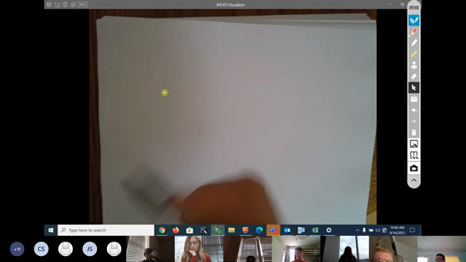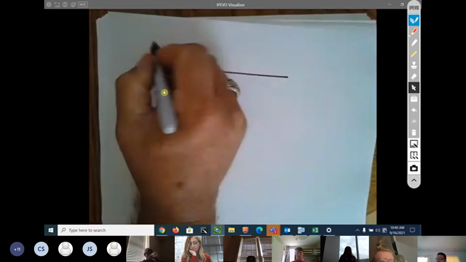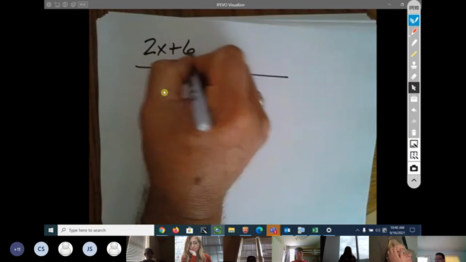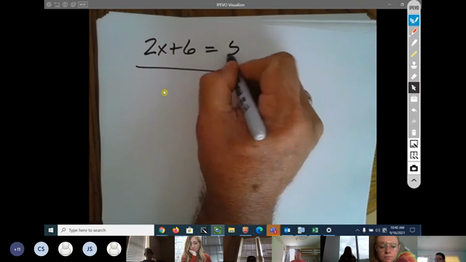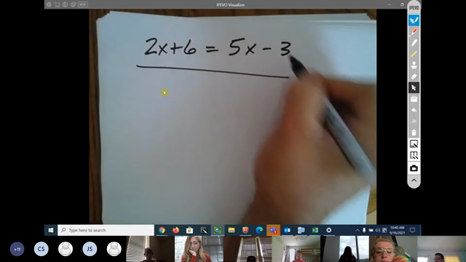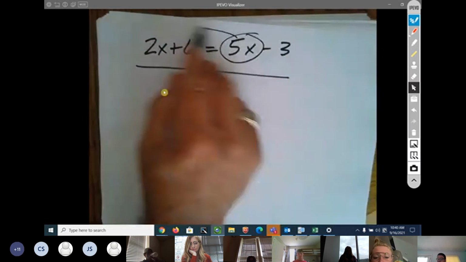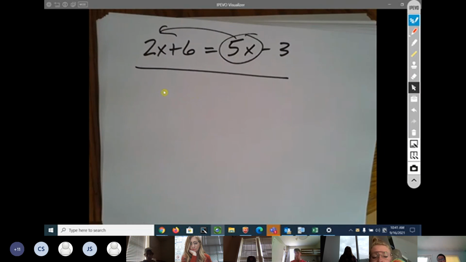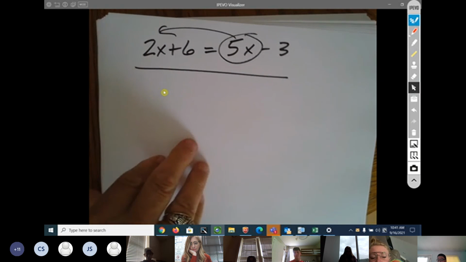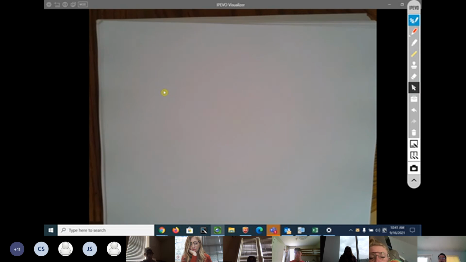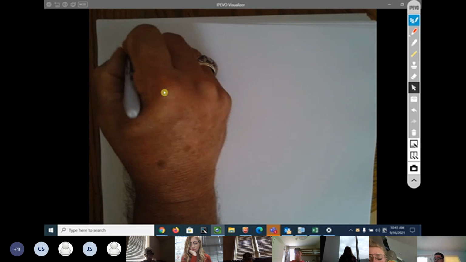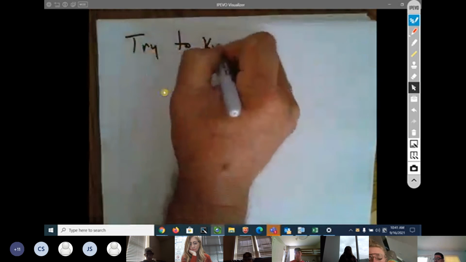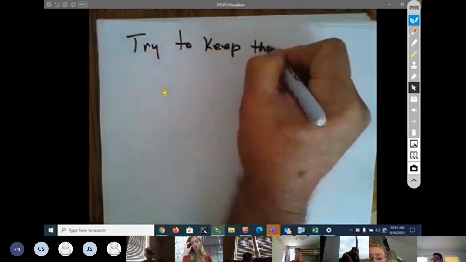This is crazy, saying that if you have 2x plus 6 is equal to 5x minus 3, you have to bring that 5x over here. That's stupid. So if you were taught that, you didn't get your money's worth. You always try to keep the variable positive.